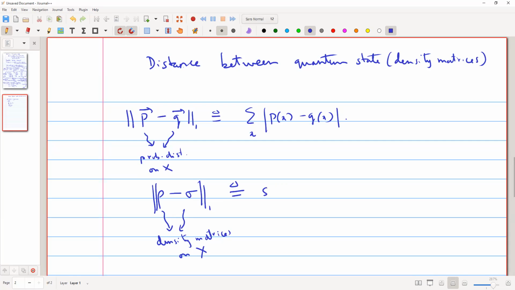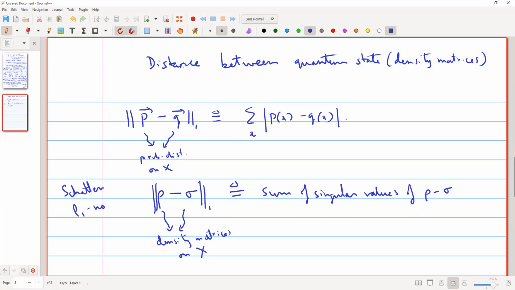So this is the sum of singular values of the matrix rho minus sigma. So basically, I'm defining a norm called the Schatten L1 norm. That's the jargon.